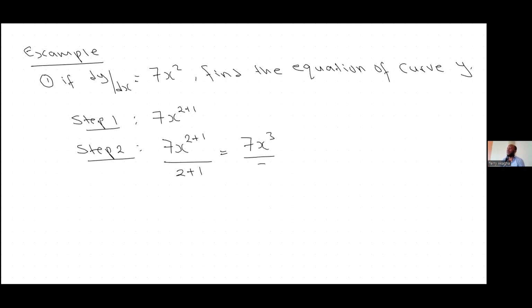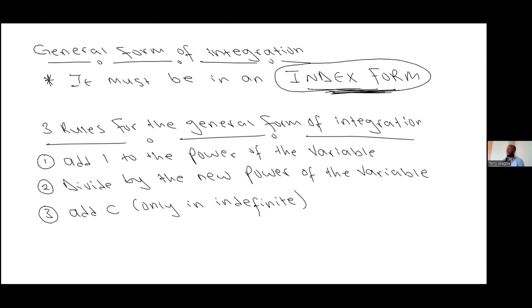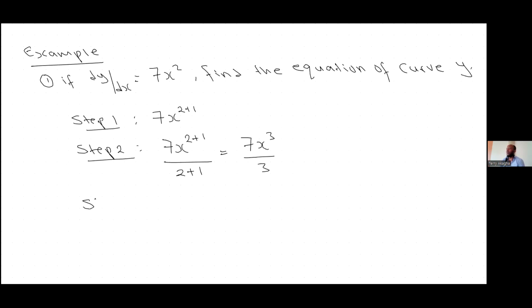And then step 3, you add C. So it becomes 7x cubed divided by 3 plus C. That is the answer. So basically, you can write it that way.